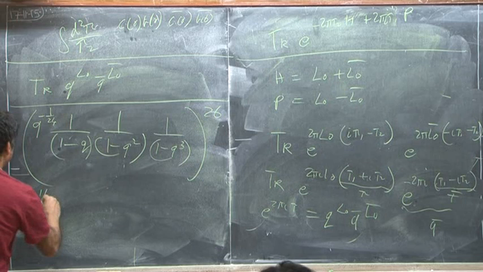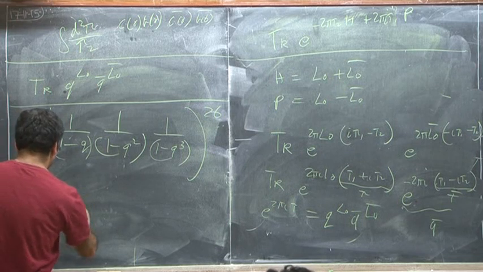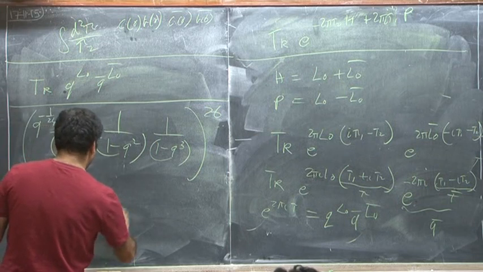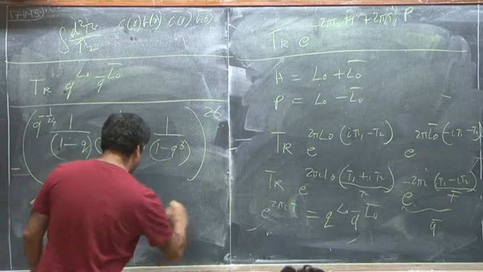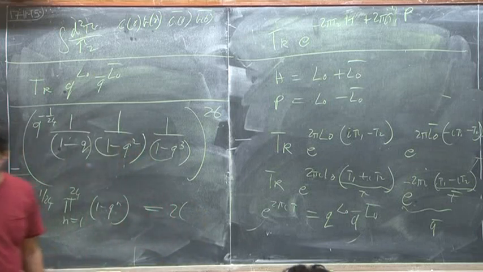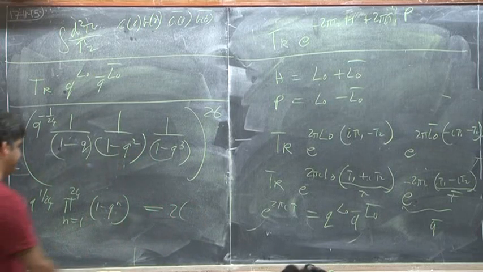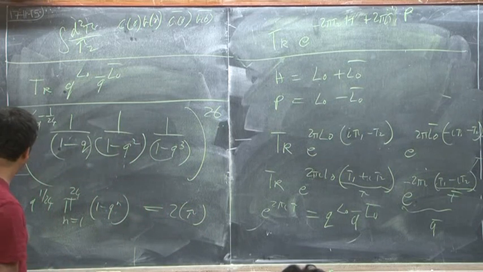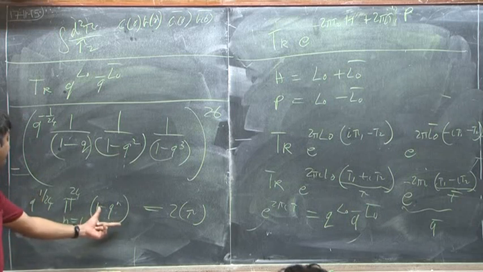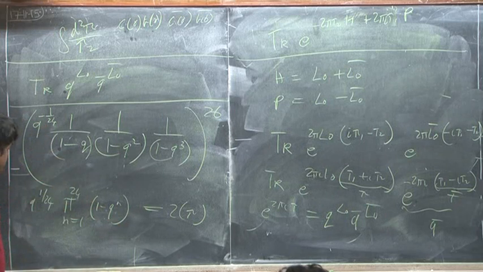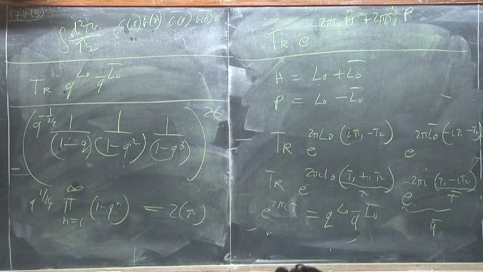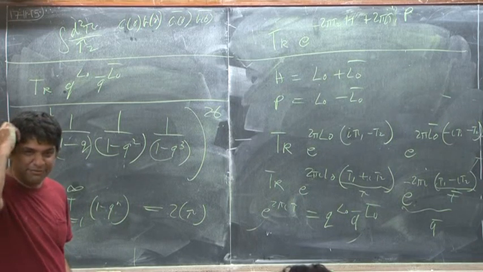Q to the power 1 by 24 times the product over n equals 1 to infinity of 1 minus q to the power n has a name in mathematics. It's called the eta function, eta of tau.